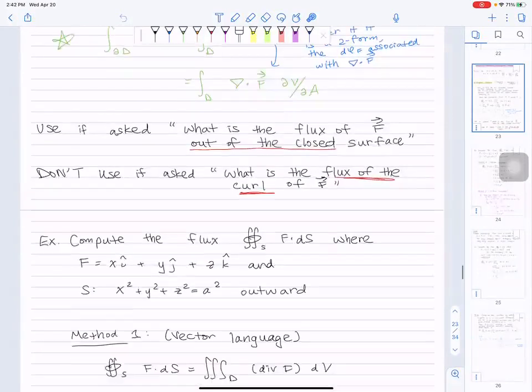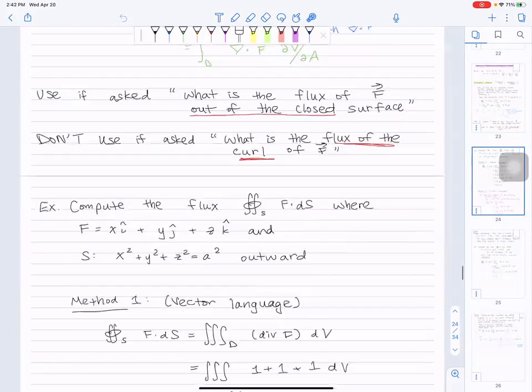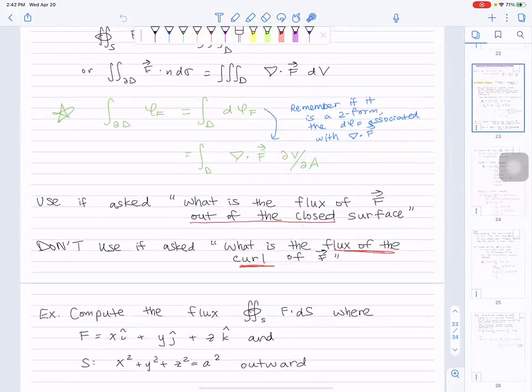Okay, so let's do an example. If the question says find the flux of the curl of F, you want to use Stokes' theorem and not Gauss's theorem.